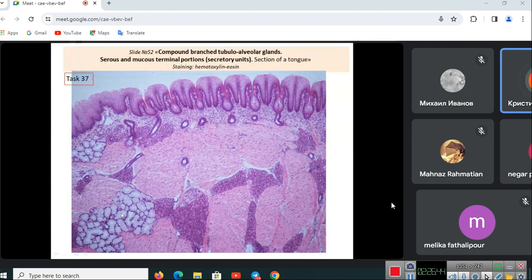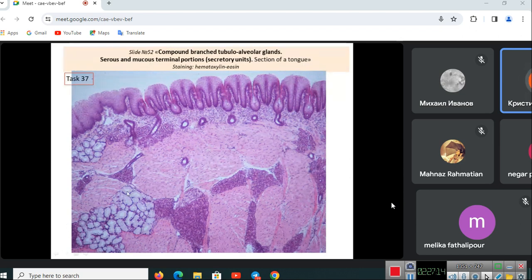Each secretory portion is connected to duct, and duct is connected to surface of epithelium, but it is not usually seen in our picture because of the plane of section. For example, here you can see how this duct leads to the surface of epithelium, but here you do not see it because of the plane of sectioning. But we know that ducts should lead to surface of epithelium.